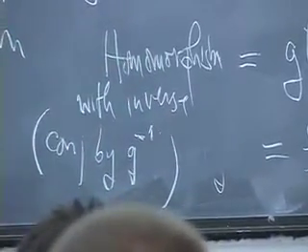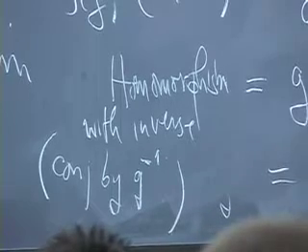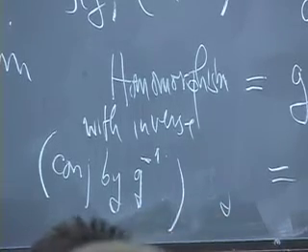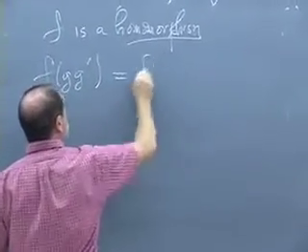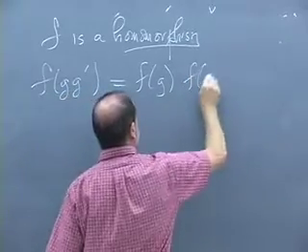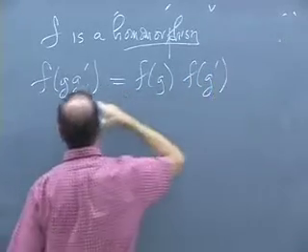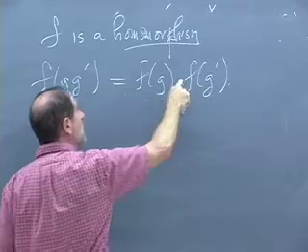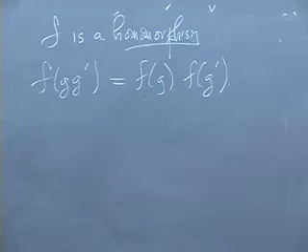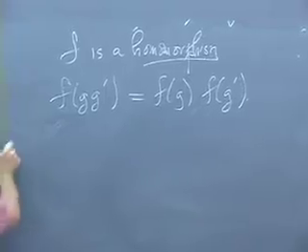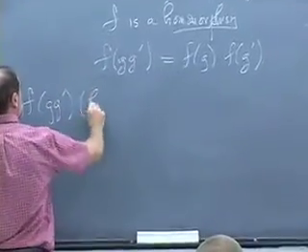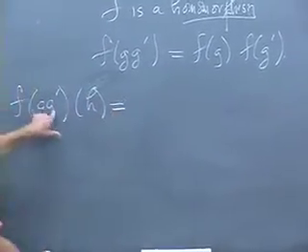And now let's check that f is a homomorphism. There we have to check that f of gg' is equal to f of g composed with f of g', where this is multiplication in G and this is composition of automorphisms. By definition, f of gg' on an element h is conjugation by gg'.